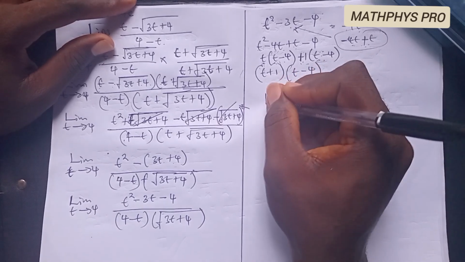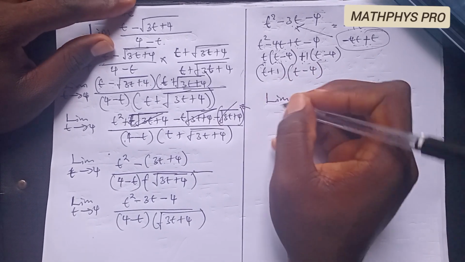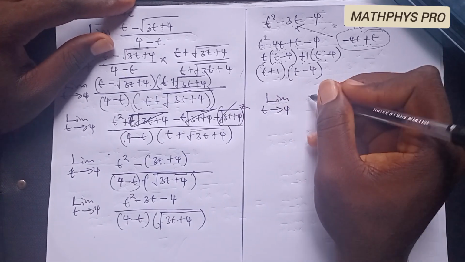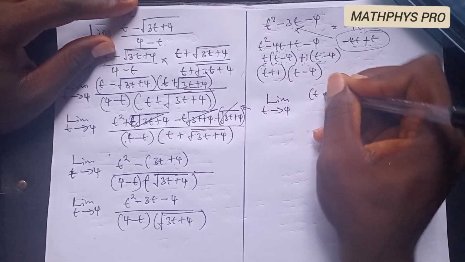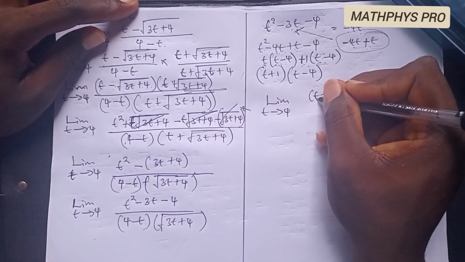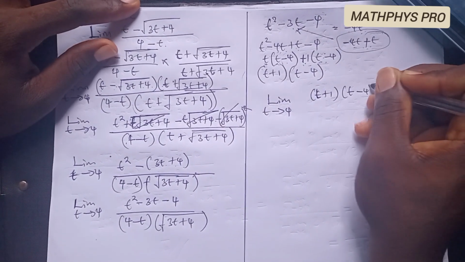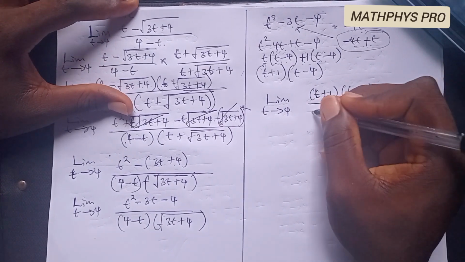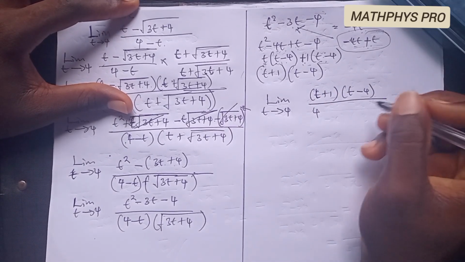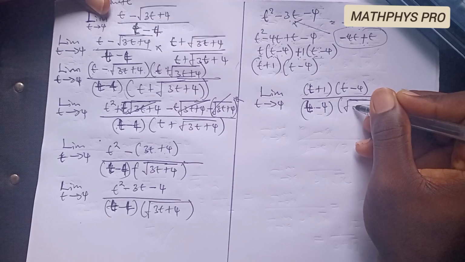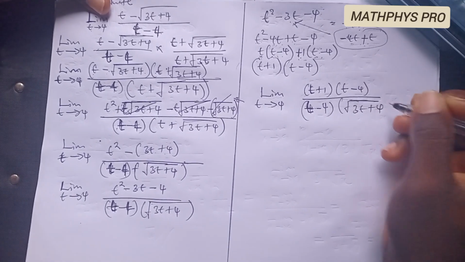So we say the limit when t approaches 4 of t plus 1 times t minus 4 over 4 minus t times t plus root 3t plus 4.